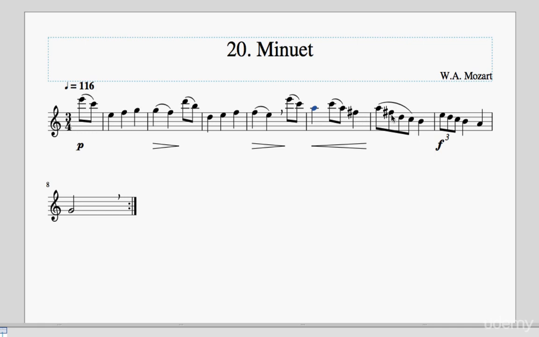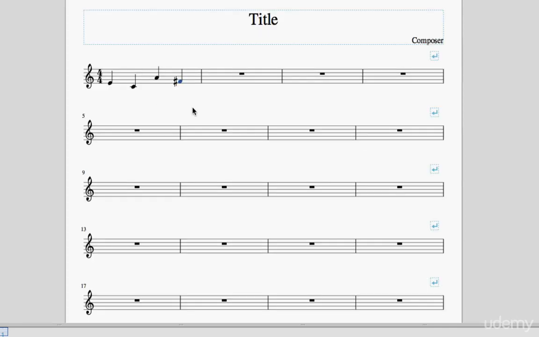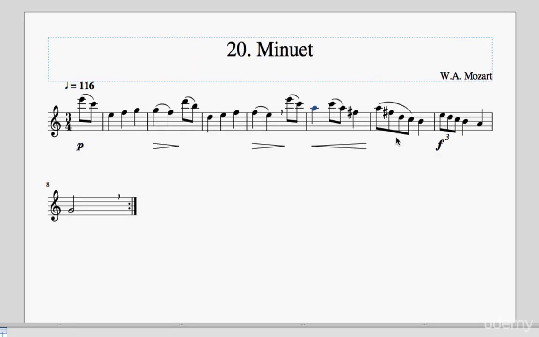Okay, A, F sharp. We've already had both of those. D, we have not had a D yet. We have had a C and we have not had a B. So I need to add D and B. There's a D and there's a B. D and B. E, we have had.